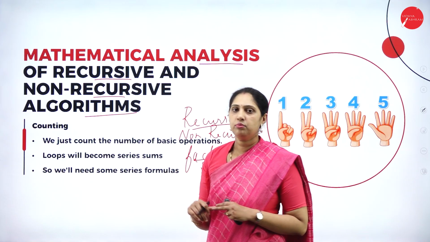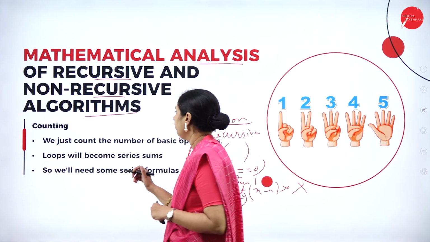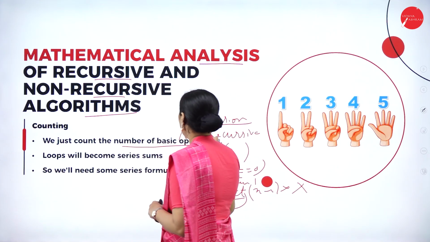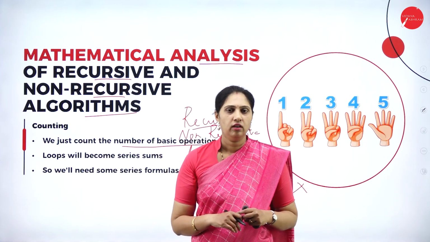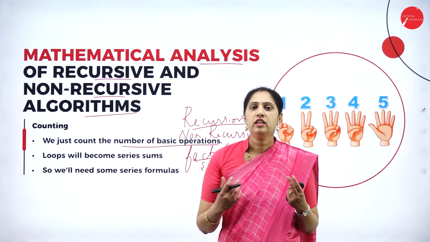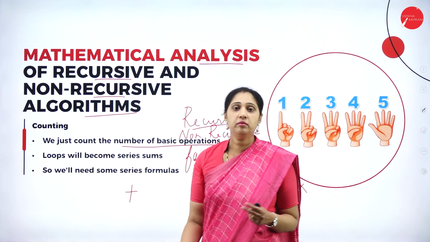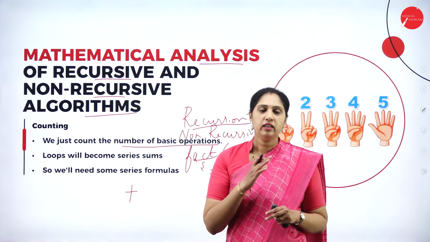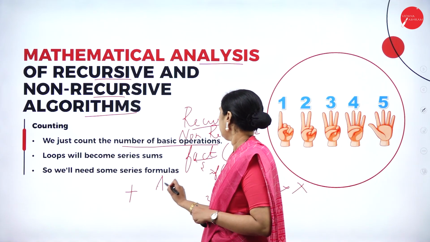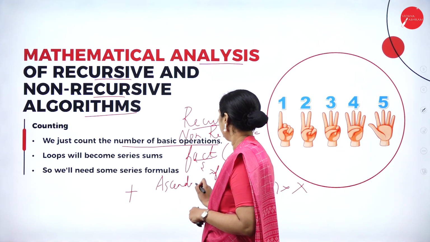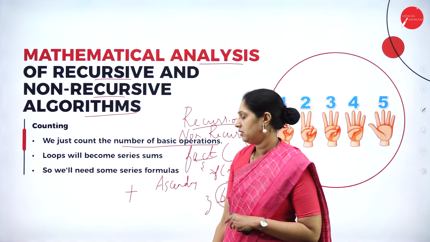So there are some steps to follow. What are the steps? We should count the number of basic operations. Any algorithm we write does some task, and the operation can be anything; it need not always be add. If I want to sort, I need to compare all the elements. If it is in ascending order, my first element should always be lesser.